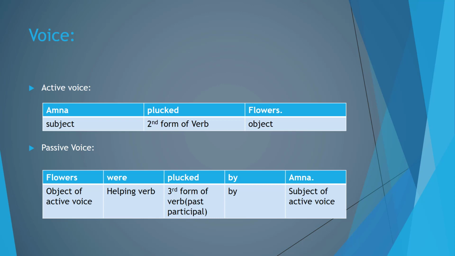After third form of verb, we write by, and lastly we write subject of active voice. So the passive voice is flowers were plucked by Amna. In passive voice, flowers are given more importance than Amna. In this way, you can convert active voice into passive voice.